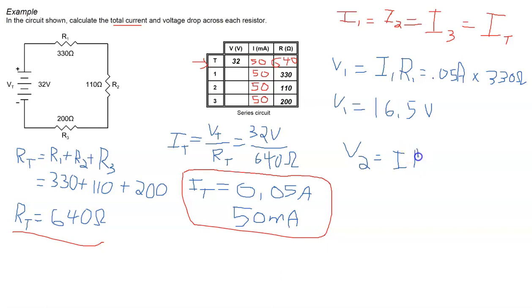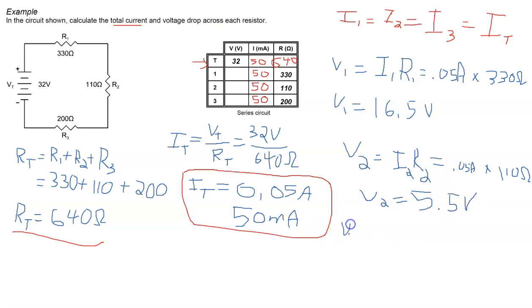Likewise then, V2 is equal to I2 times R2, and we have agreed that the current in each resistor is the same, and so again 0.05 amps times the resistance value of 110 ohms, and V2 then is equal to 5.5 volts.